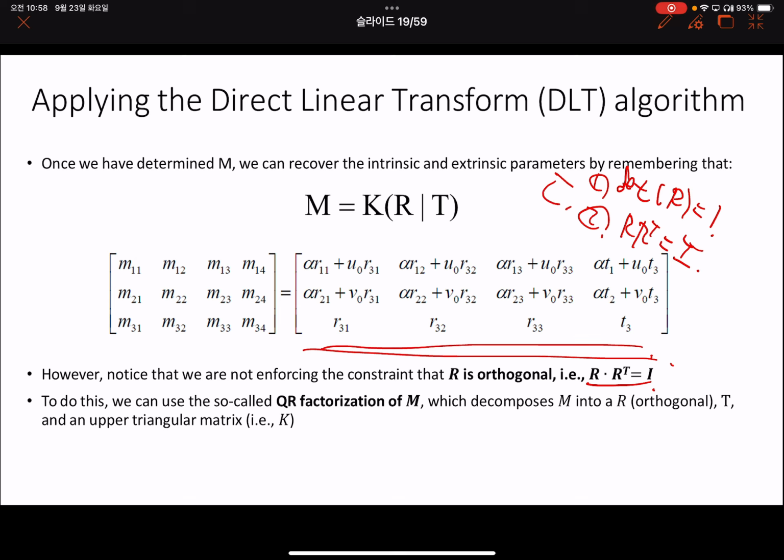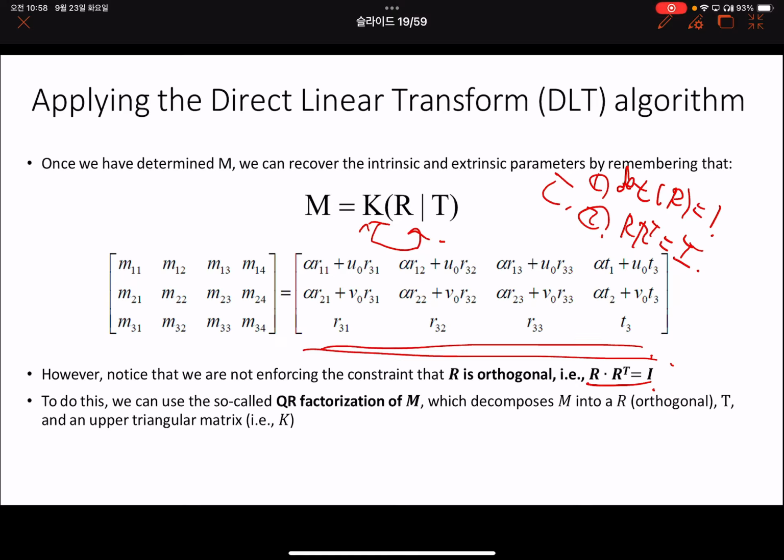To enforce this constraint when decomposing M into K and RT, we can use the so-called QR factorization of M, which decomposes M into a rotation R, T, and an upper triangular matrix K. To be honest, I can't remember QR factorization clearly, but I think you learned it in linear algebra class.